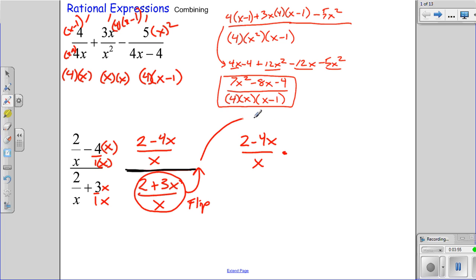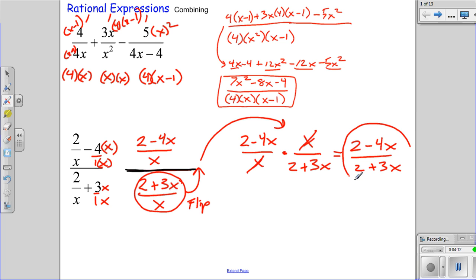So let's show it over here. So we have an x on top, and then the 2 plus 3x in the bottom. And notice in this case, the x's cancel, and we're left with simply 2 minus 4x over 2 plus 3x. And again, we can't really factor that anymore, so that would be considered our final answer. So we have to get a common denominator to both top and bottom, and when you divide by a fraction, it's the same thing as multiplying by the reciprocal.